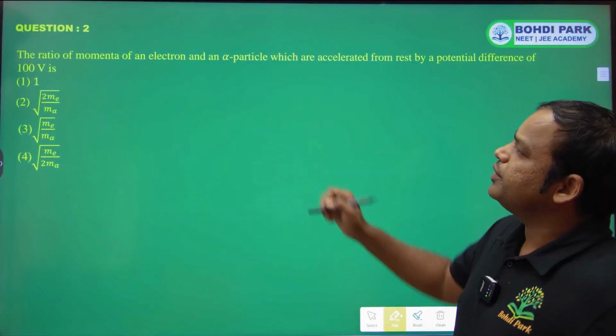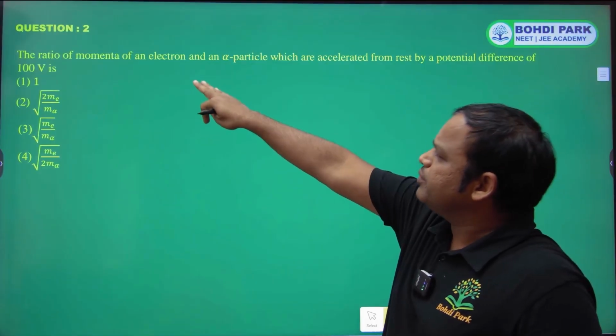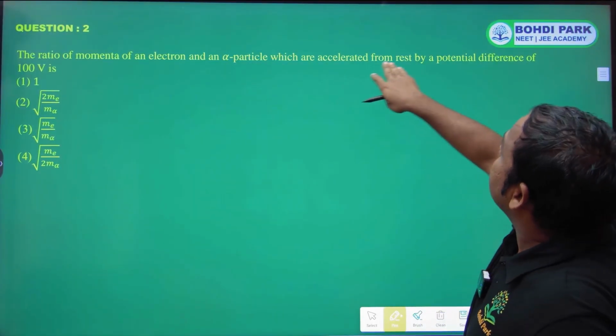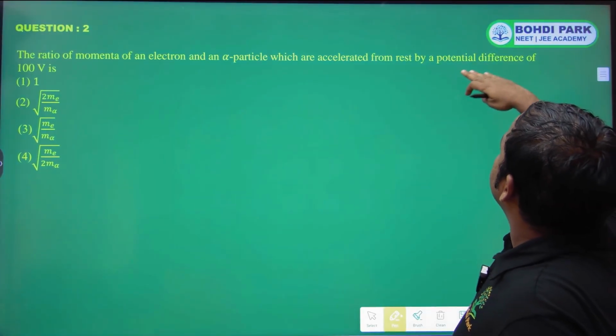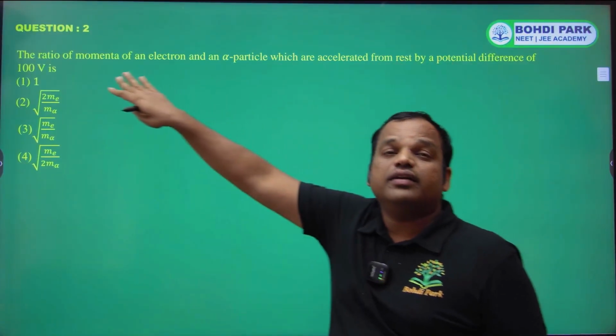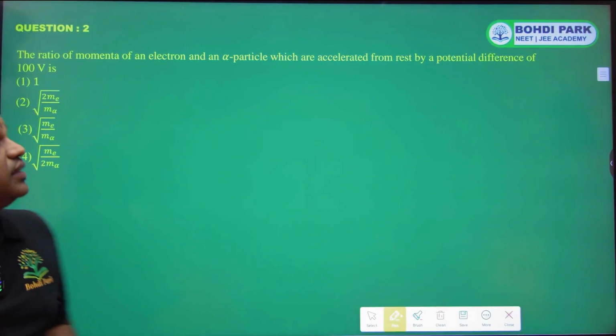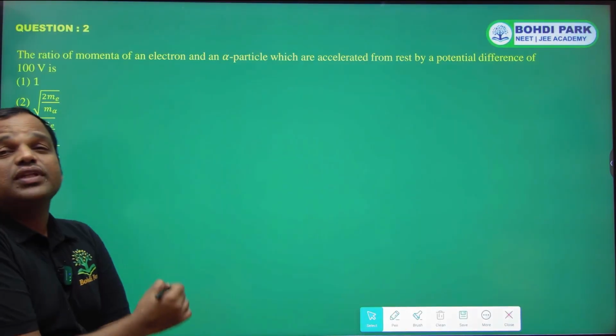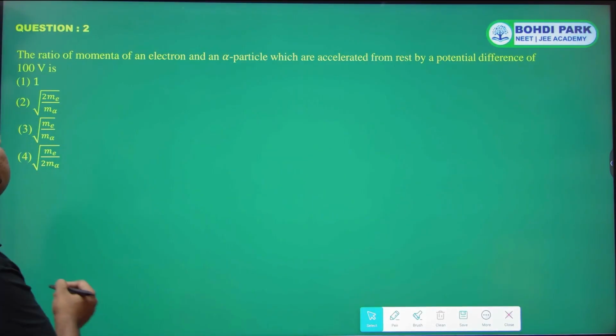Now look at question number 2. The ratio of momentum of electron and alpha particle which are accelerated from rest by a potential difference of 100 volt. So the potential difference is the same for both alpha particle and electron.